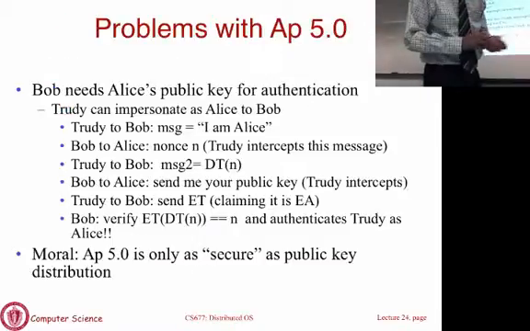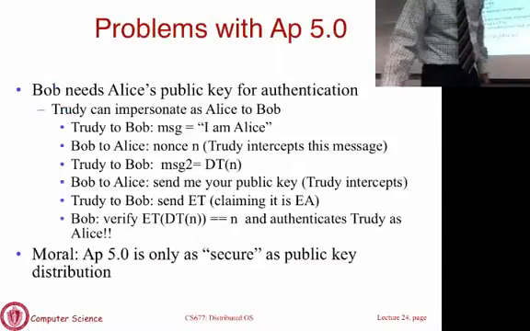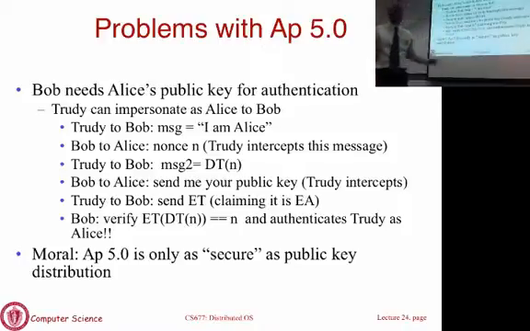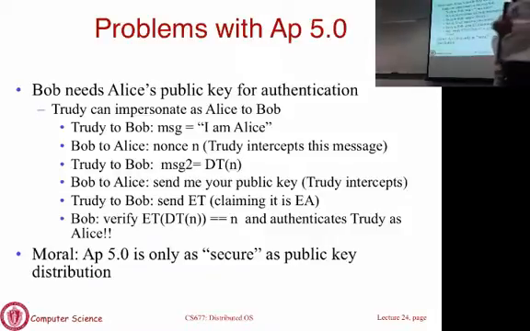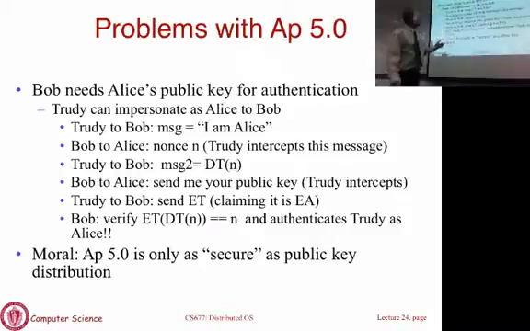Now here are some issues you have to take into account. This is the man in the middle attack, which causes the same problem I was talking about earlier. The problem with this approach is ensuring that the public key is actually the right one known to you. Here is what might happen. Let's say the intruder is called Trudy. Trudy sends a message to Bob saying, I'm Alice, impersonating Alice.